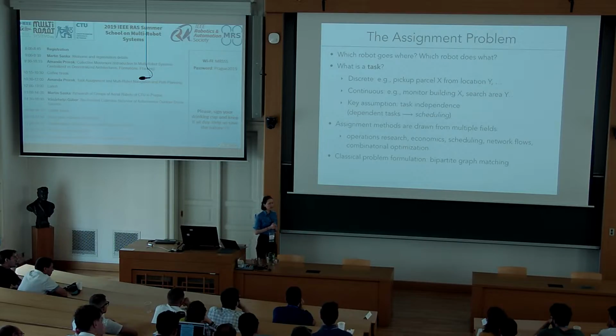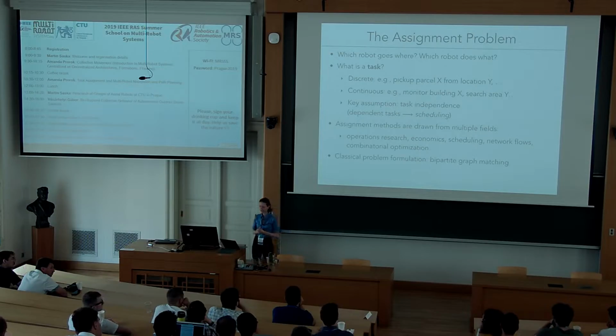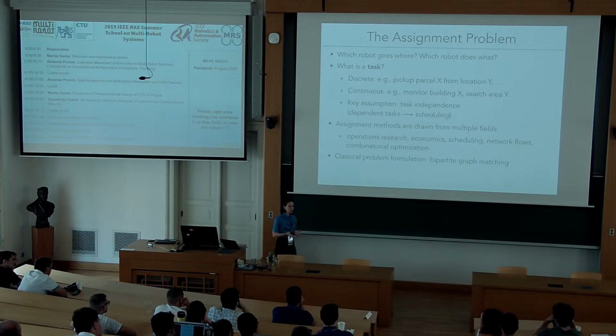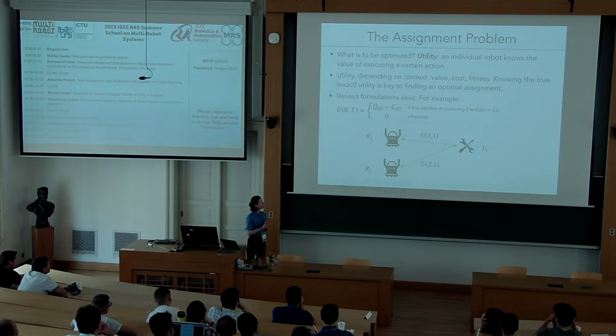The general method that solves, at least for us in the discrete domain, is combinatorial optimization. So that's one thing that you have to feel very comfortable with if you want to think about how to solve task assignment problems. One of the most classical ways of formulating a task assignment problem is by modeling it as a bipartite graph and solving a bipartite graph matching problem. So how do we think about this in the sense of multi-robot systems?